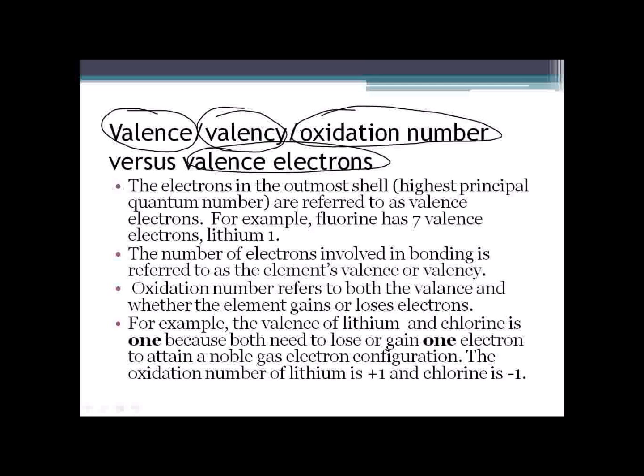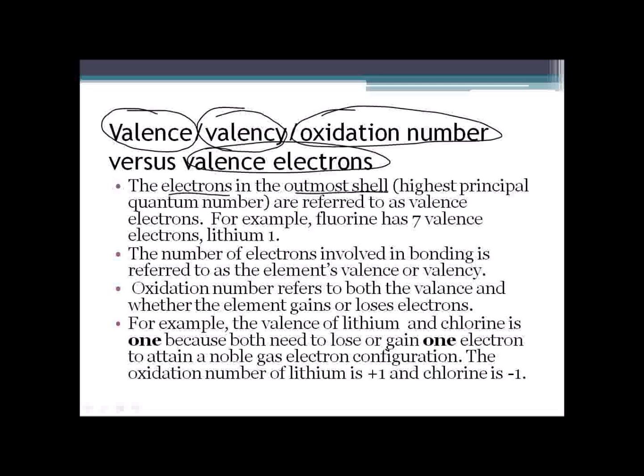Now there's another way of doing this other than just memorizing them. Once it's in your head, you'll know what they mean. Okay, so the first one is valence electrons, and that's the definition there. It's the electrons in the outermost shell, or the number of them. And they're referred to as the valence electrons.